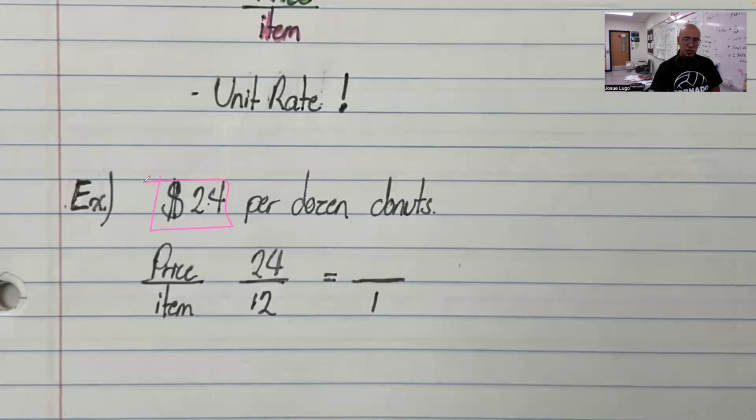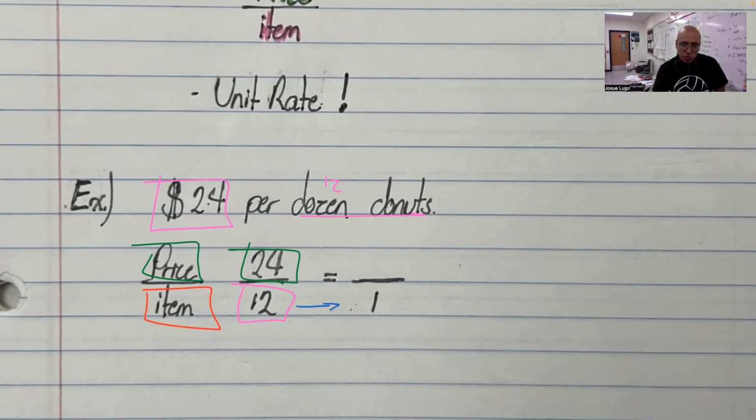We have $24 per dozen donuts, for 12 donuts. The price goes on the numerator, and we want to know the price for each one item, the item being the donut. The price is $24 for the item, which is 12 donuts. And I want to know the cost for one donut.